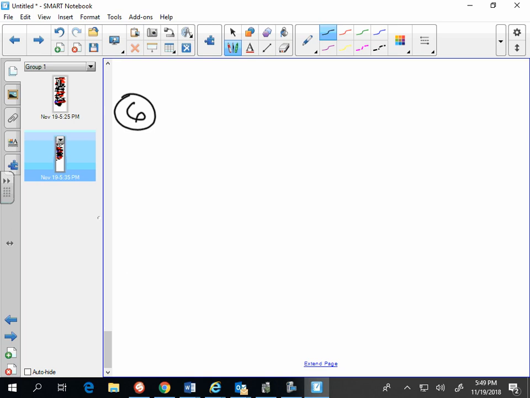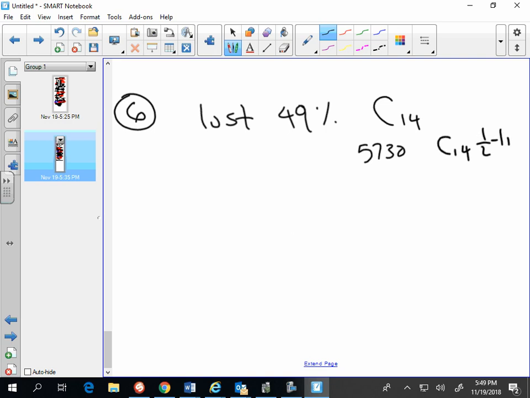How old is the mummy if it has lost 49% of its carbon-14? And I'm supposed to use 5730 as the carbon-14 half-life. Okay, we've lost 49%.